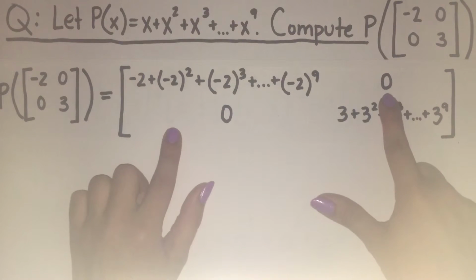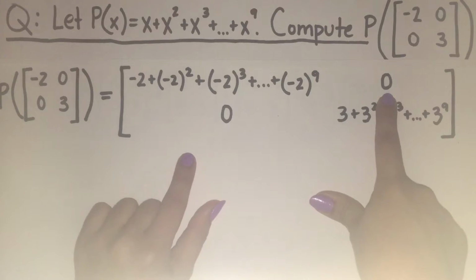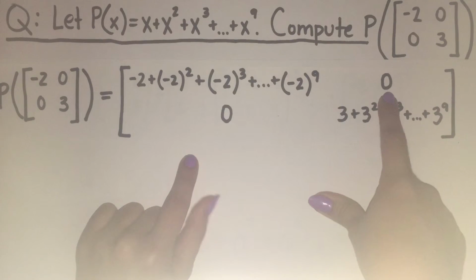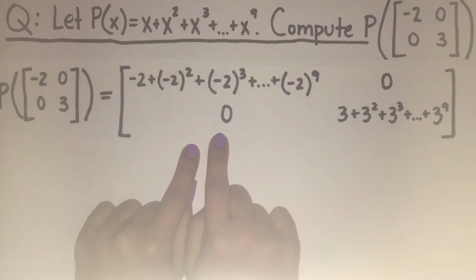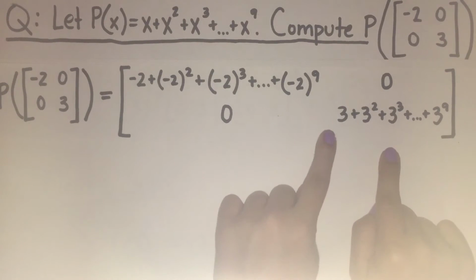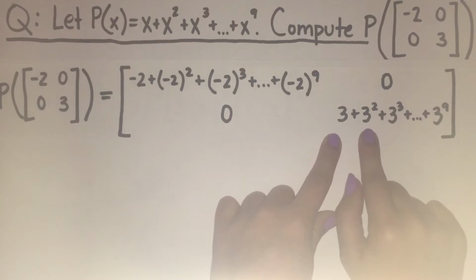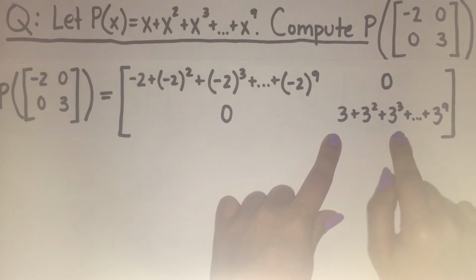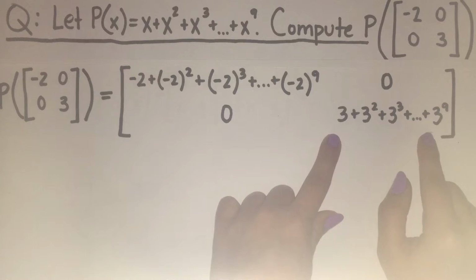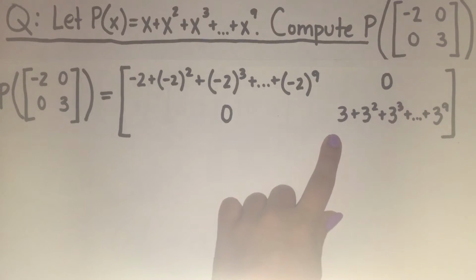The second entry of the first row is 0 because that is the sum of all zeros added. This is also the sum of all zeros added in the first entry of the second row. And the second entry of the second row is 3 plus 3 to the second power plus 3 to the third power plus ... plus 3 to the ninth power.